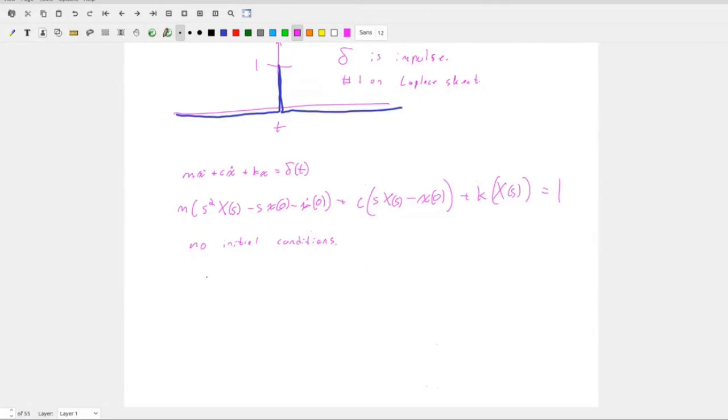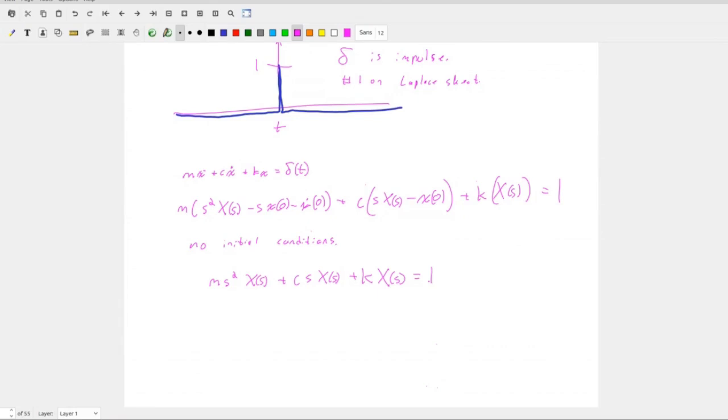This becomes m s squared x of s plus c s x of s plus k x of s is equal to 1.